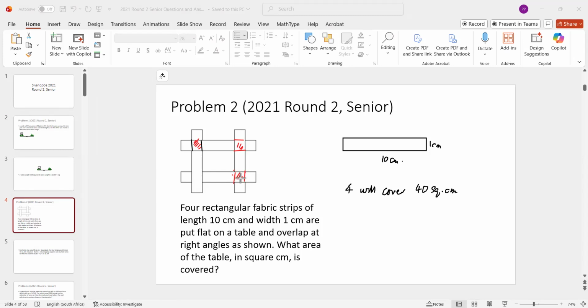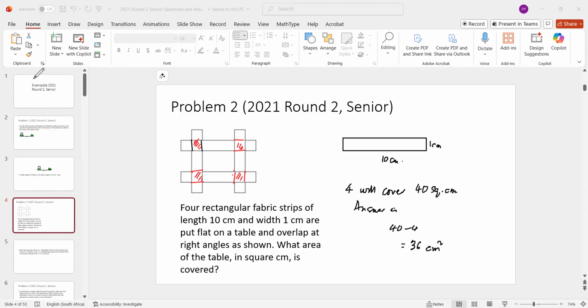So this count of 40 gives you 4 more than what we require. So the actual area that is covered is 40 minus 4 centimeters squared. Sometimes we write square centimeters like that. Okay.